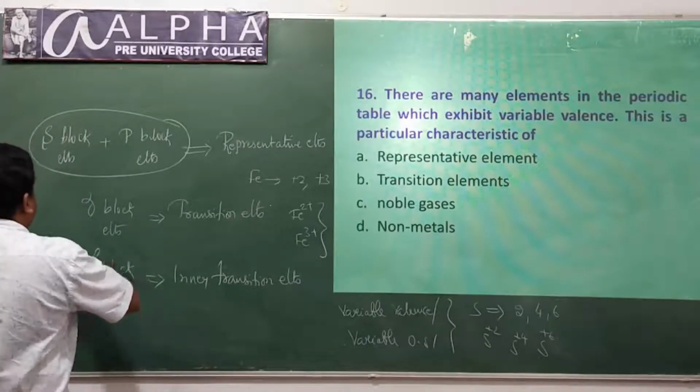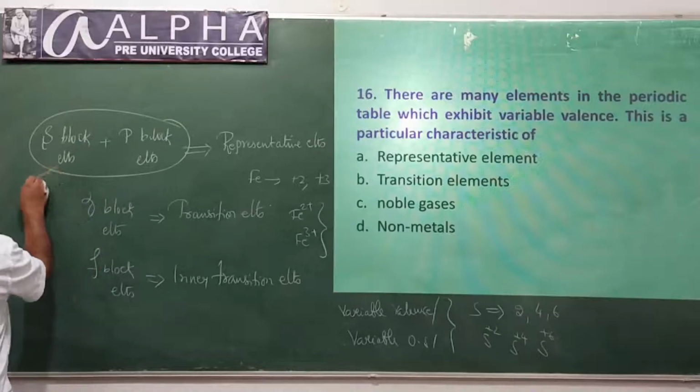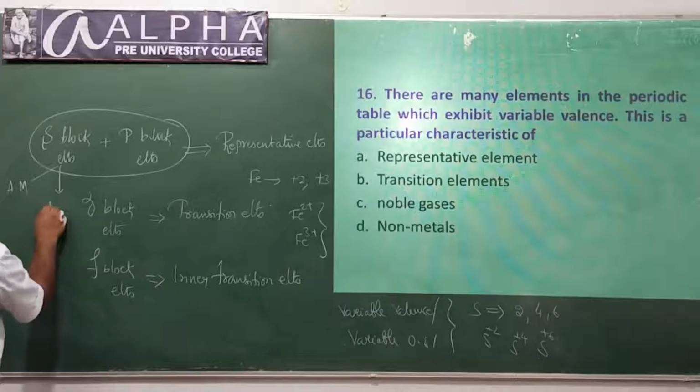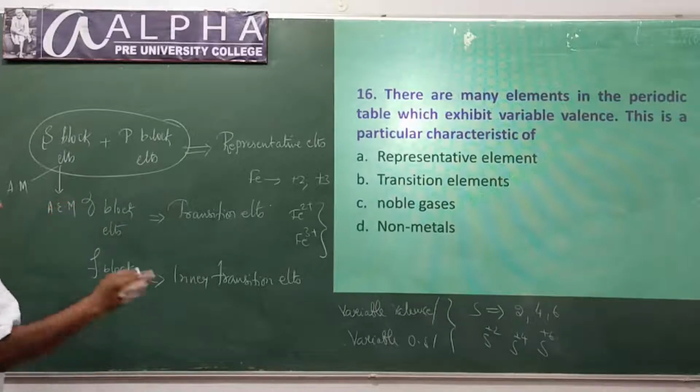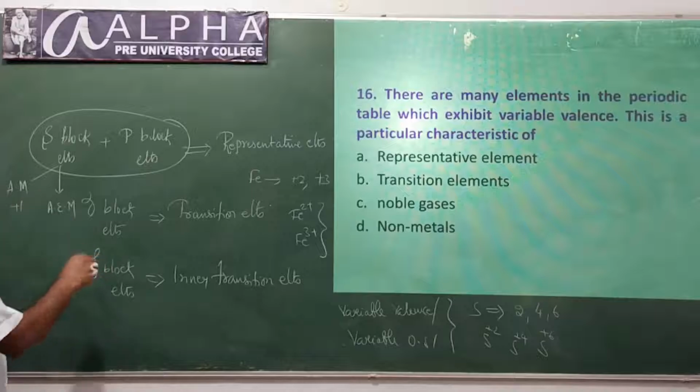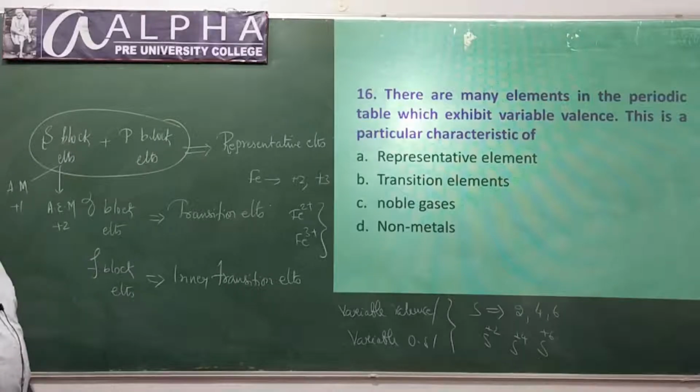We know S block elements have two groups, alkali metals and alkaline earth metals. All alkali metals will be in +1 oxidation state and all alkaline earth metals will be in +2 oxidation state. No S block elements will have variable valency.